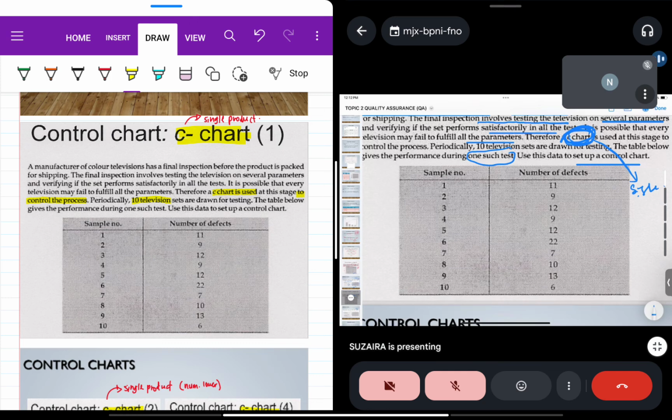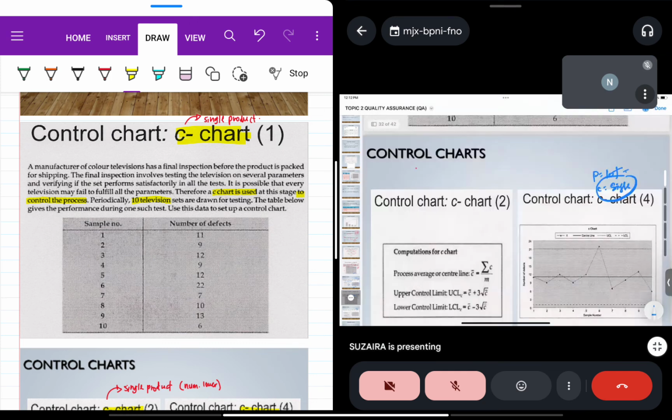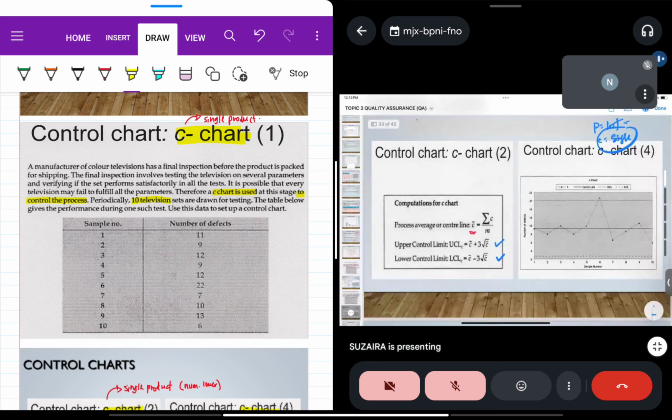All right, now what we need to do first, this is the chart. But I just want to show you how to calculate the C bar, P bar, UCL, and also LCL.